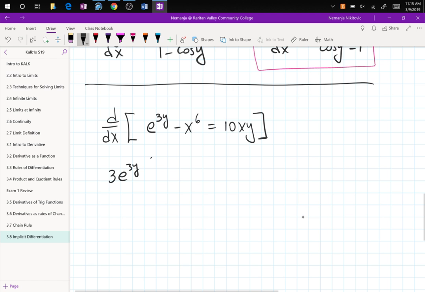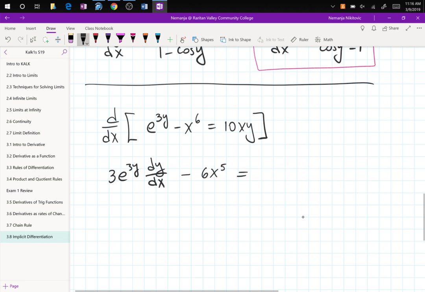And then you have to follow by a chain dy/dx, because y is a function of x, right? So now, minus 6x to the 5. If you want to follow it with a chain, you put dx over dx, but that cancels. So we don't have to worry about the chain for a function that is x with respect to x.